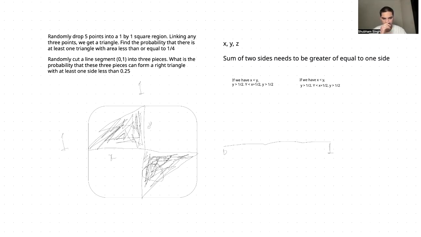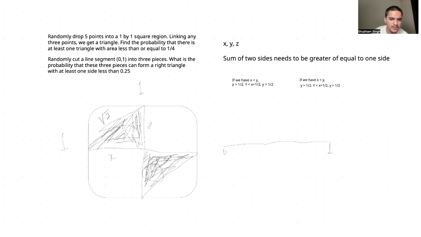If you calculate the probability of a triangle, the biggest triangle that can be formed would be root 2.